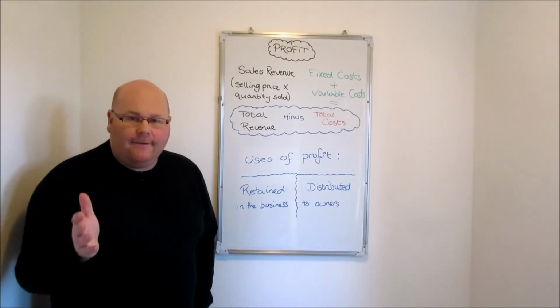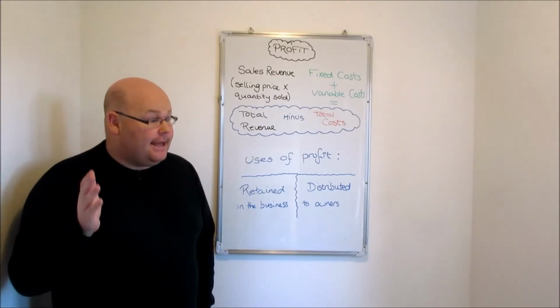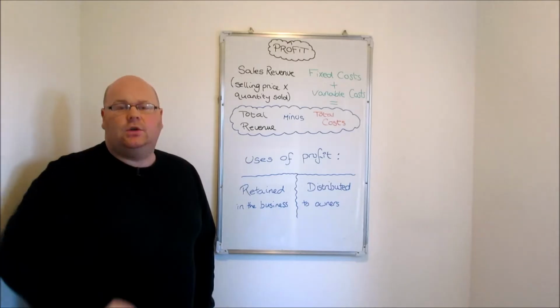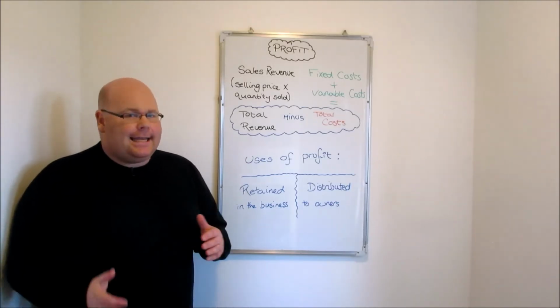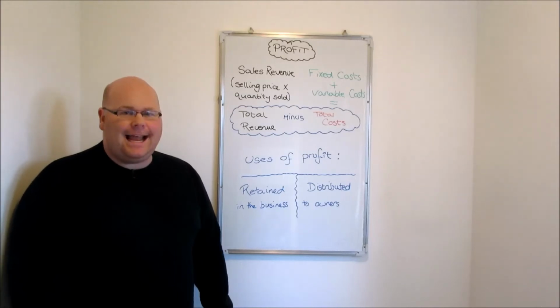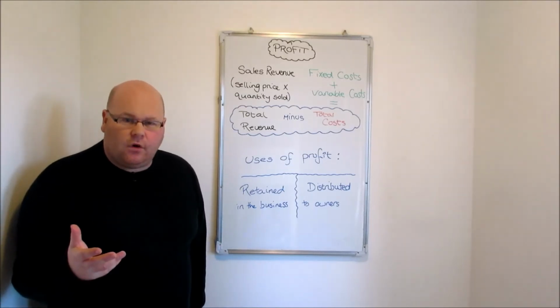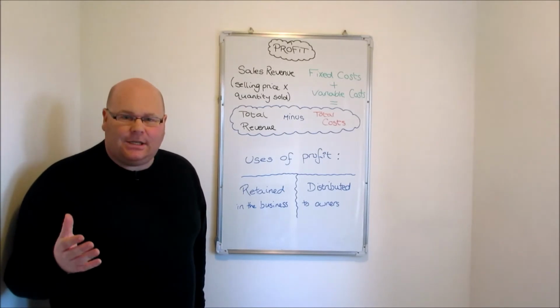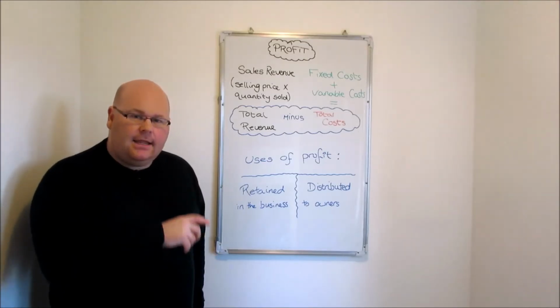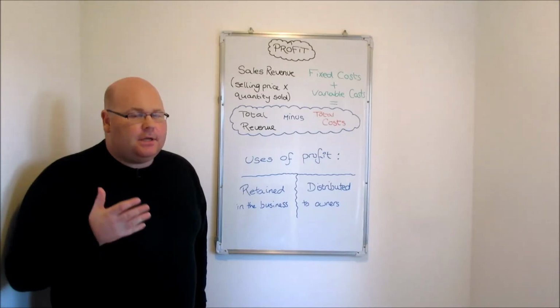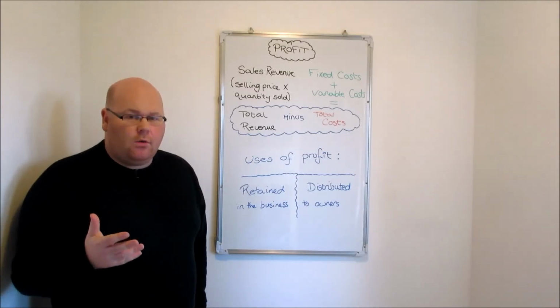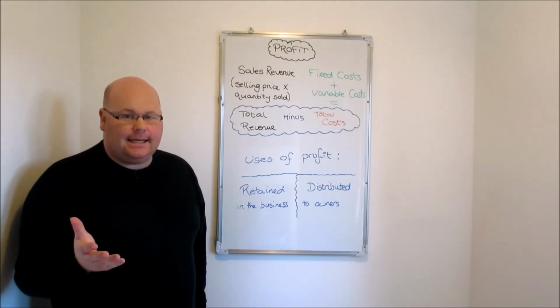Now, whenever a firm makes a profit, they then have a choice as to what they are going to do with that profit. And it can be a little bit of a balancing act. So the first use of profit is to retain it or to keep it in the organization. Now, why you might do that is because you have ambitions of growing and expanding the business next year.